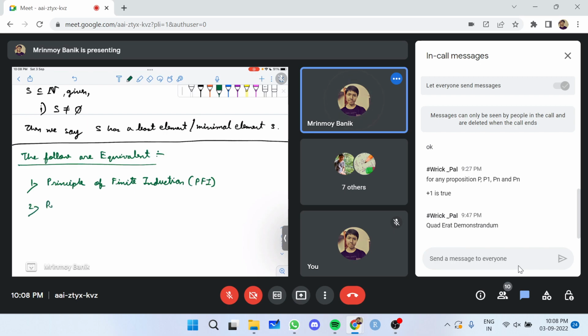Number two, principle of complete finite induction, also called PCI. And number three, the well ordering principle, also called WOP.